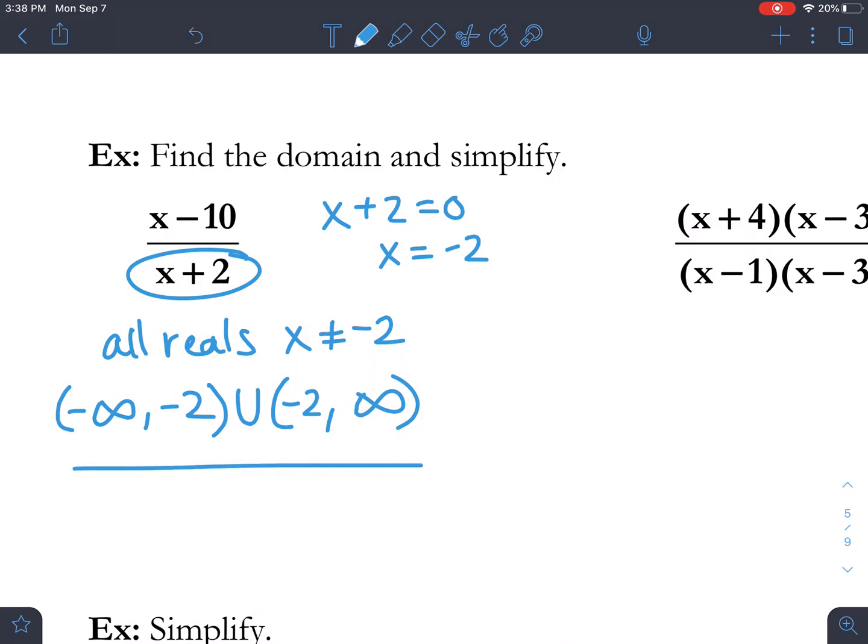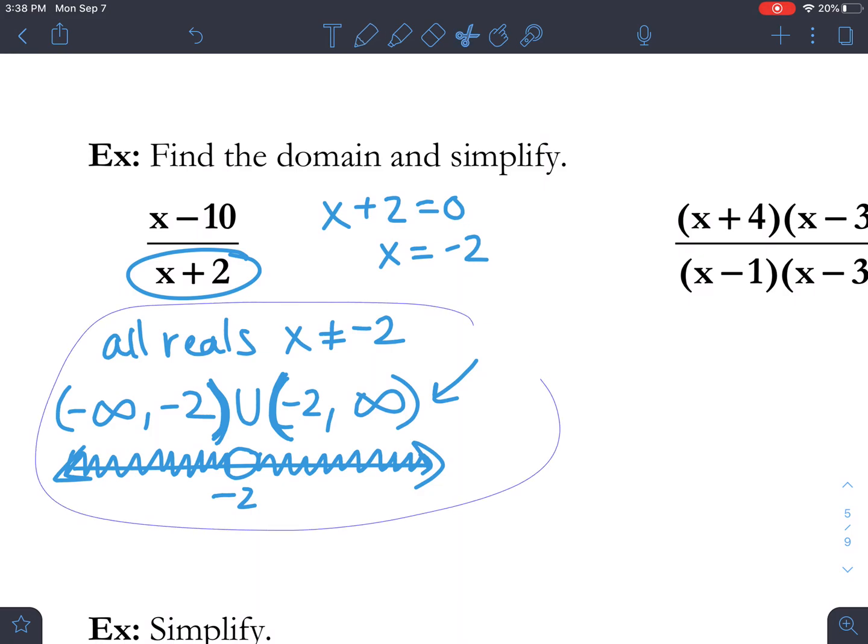This is really like as though you had a number line and you could fill in all the dots except negative 2. Continue, continue, continue. So that's what this is saying. It's saying negative infinity up to negative 2. Parentheses means don't include it. Union, well, take negative 2, I could do anything above that, negative 1.999999 up to infinity.